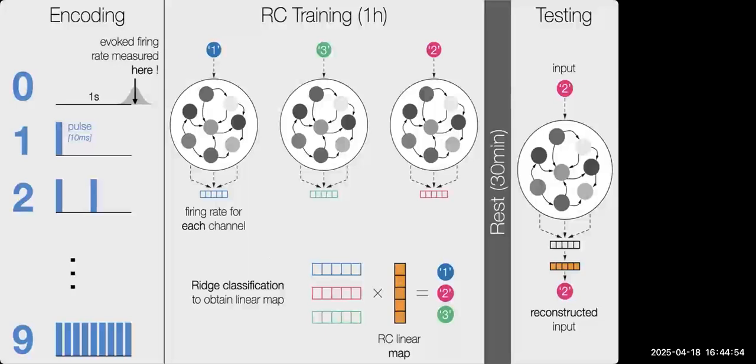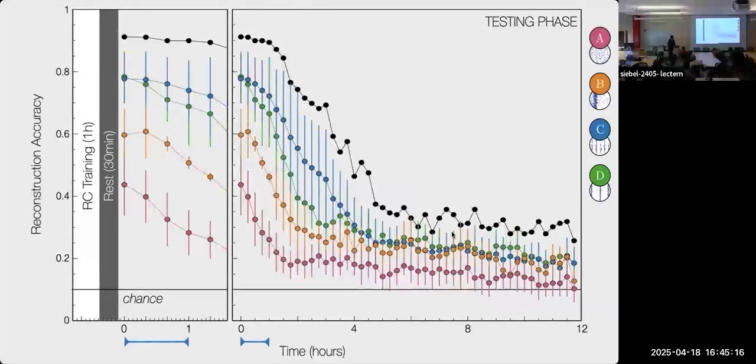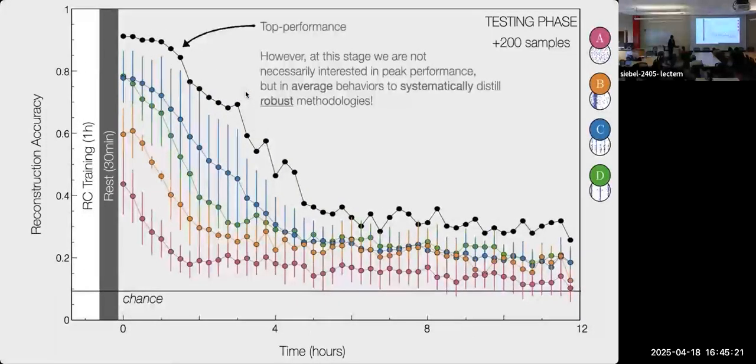I see. So when you showed that it's decaying with time, I think it's a slide before or maybe after. Can you go to the next slide? Yeah, this is the one I'm talking about. So you're training 1 hour. That's the left plot, right? Training 1 hour is this white block.